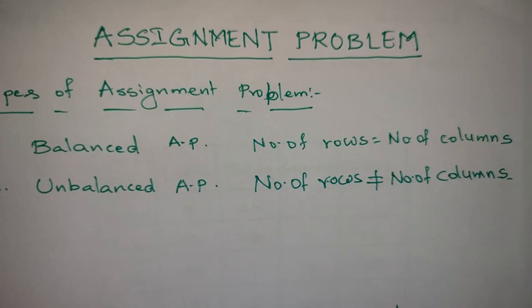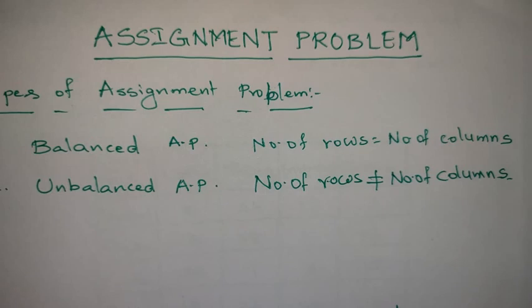If the number of rows is less, then we add a dummy row, and if the number of columns is less, then we add a dummy column with all zeros. So like that, we can convert an unbalanced assignment problem into a balanced one. These are the types of assignment problem.